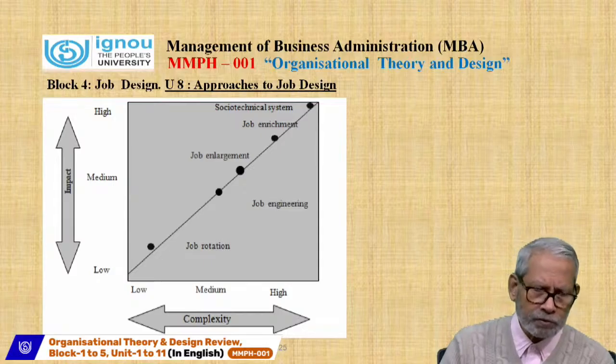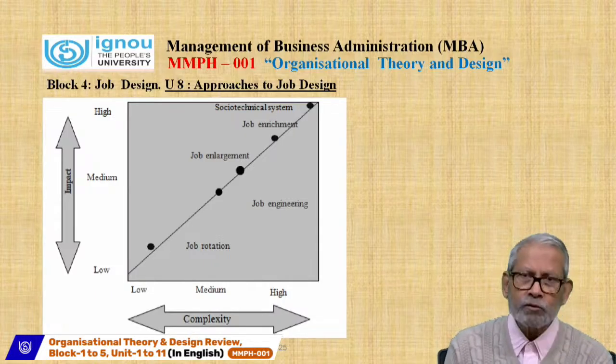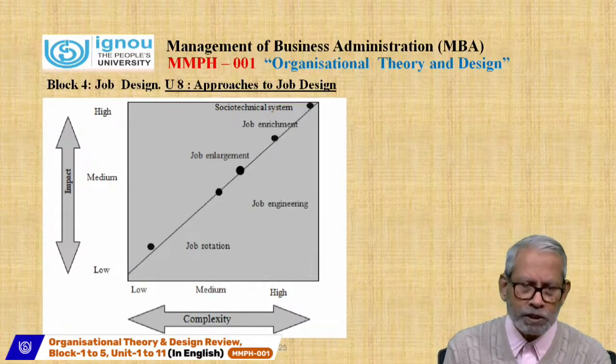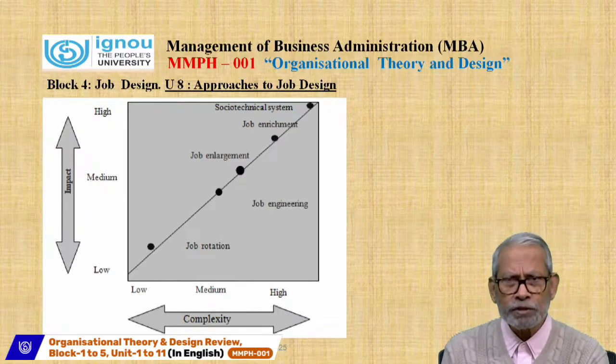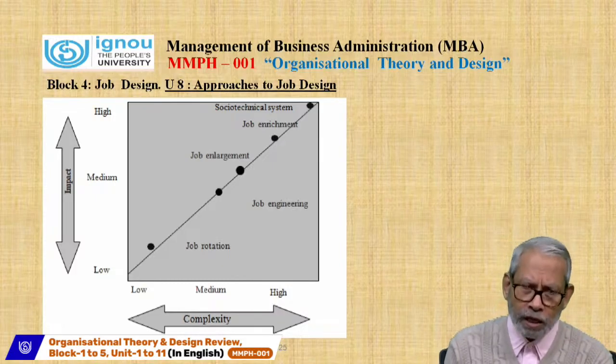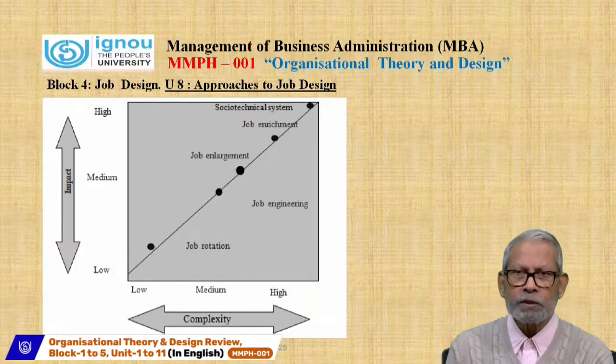Another thing you have to see here is the different approaches to job design. At the time of job design, you have to see what type of job rotations are there, whether an induction program or orientation program is required, and job engineering. Job engineering means specifications.